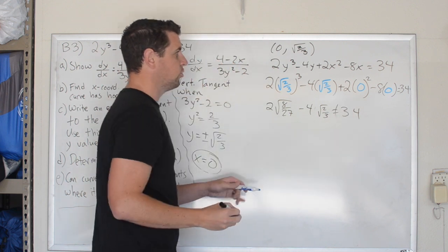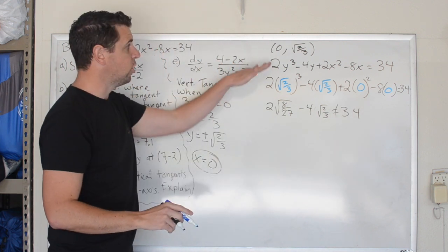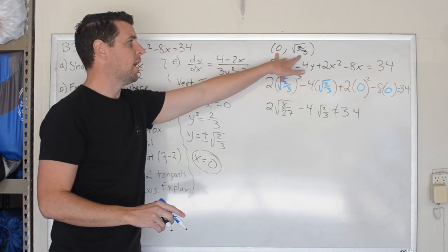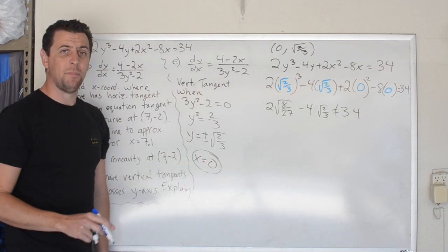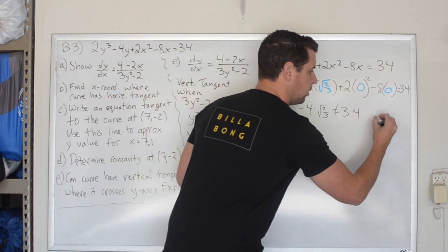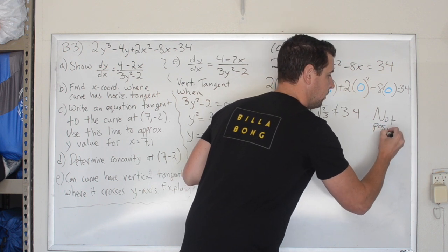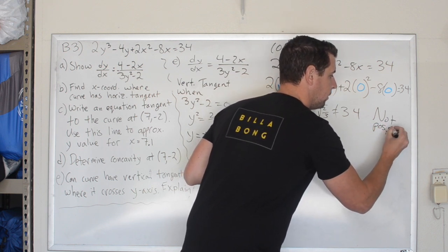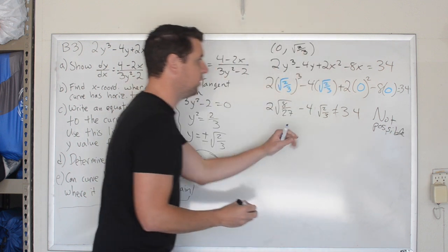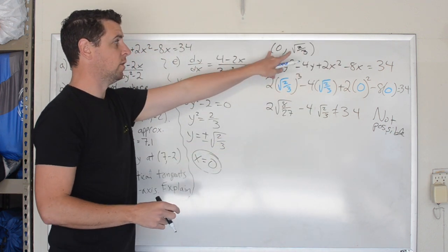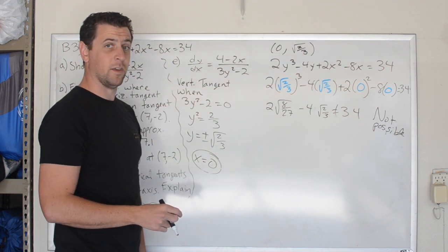There's no way that's true. And so I've shown that the first point, 0, radical 2/3, is not possible. So my answer here is not possible. I believe this is sufficient explanation; we showed that this point doesn't satisfy the equation.